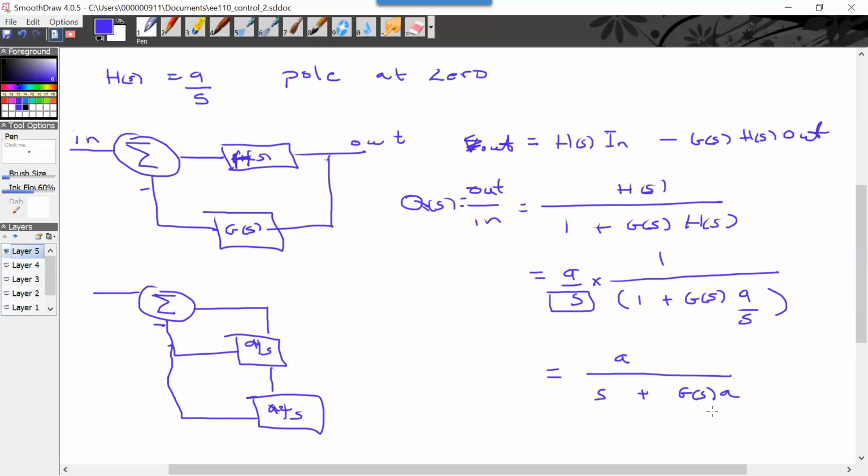Now we need a pole on the left-hand side. That means we need some kind of constant here, and it needs to be positive. Running out of room.